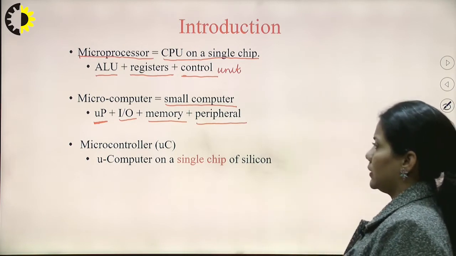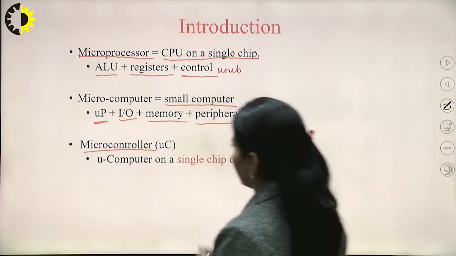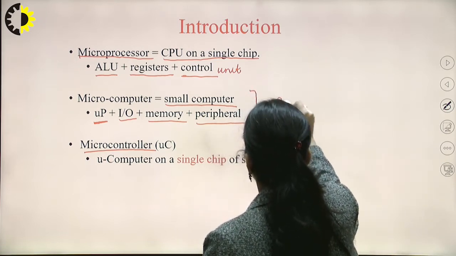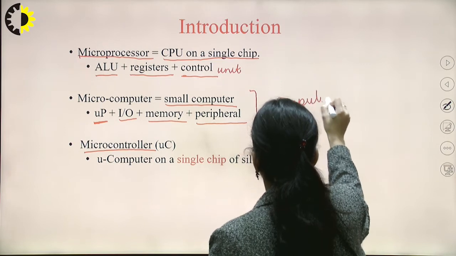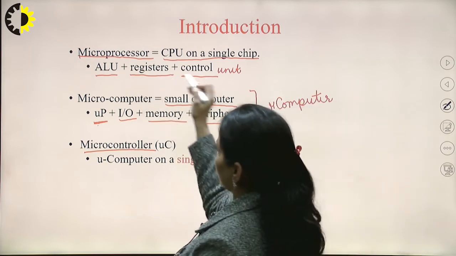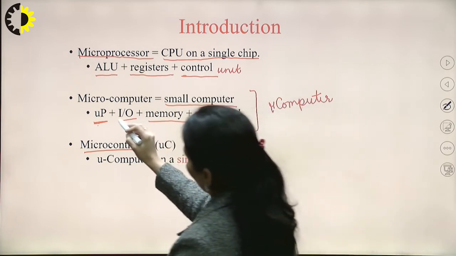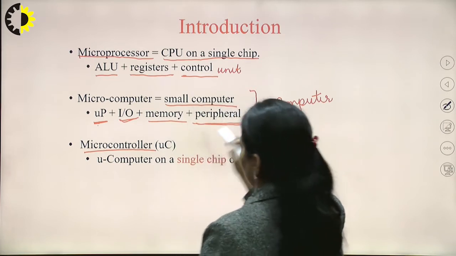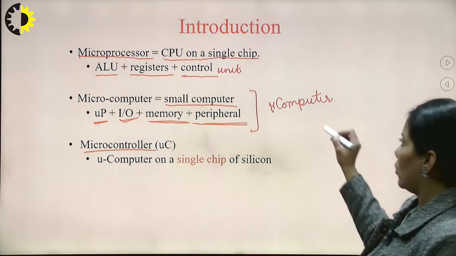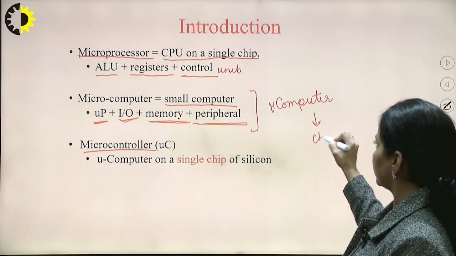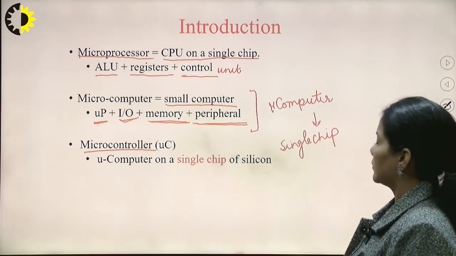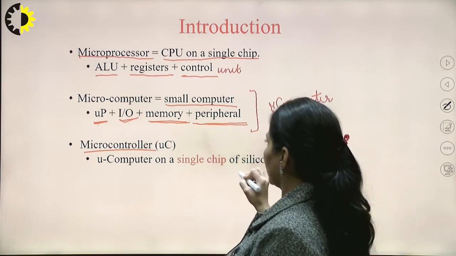Now, the next term is microcontroller. When we have this microcomputer, which has a microprocessor, that is ALU, registers and control unit, input-output logic devices, peripheral devices and memory units, all these together on a single chip, then it is known as the microcontroller.